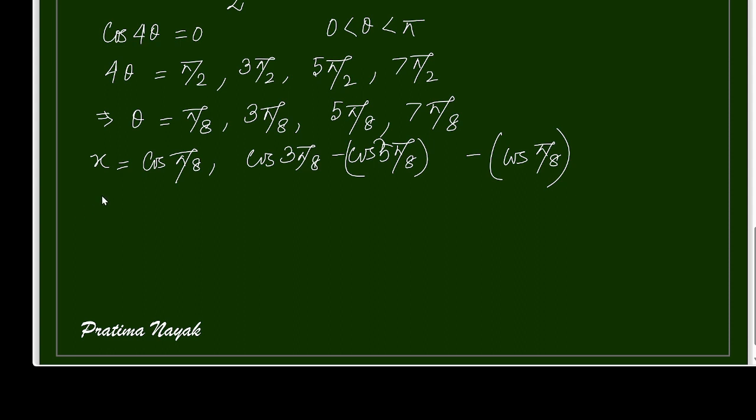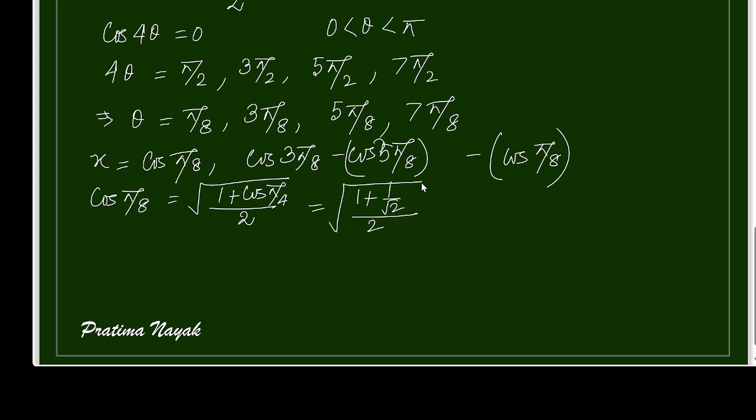How to get the value of cos π/8? cos π/8 is equal to the square root of (1 + cos π/4)/2. This is equal to the square root of (1 + 1/√2)/2, which is (√2 + 1)/(2√2).